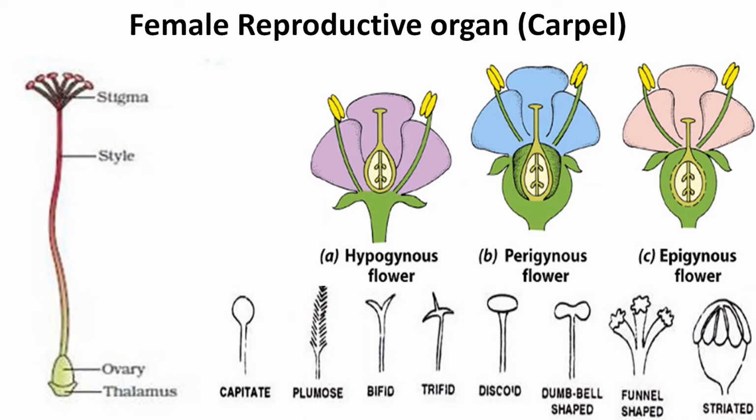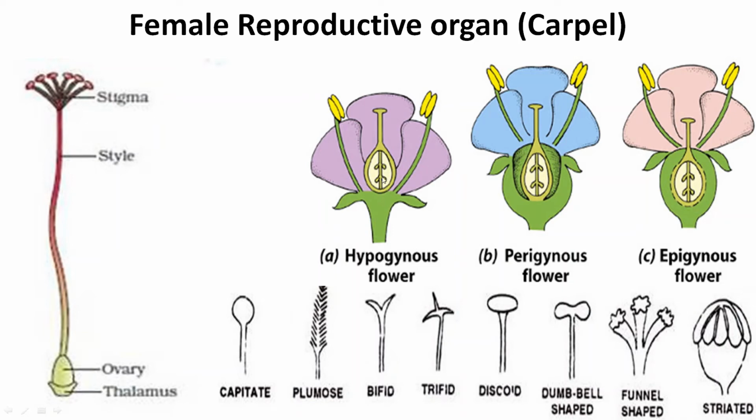What is perigynous flower? In perigynous flower, the ovary is in the middle. Means here the thalamus becomes flat or a cup shaped structure. You can see this is a cup shaped structure. Here the thalamus becomes flat to form a cup shaped concave structure where ovary remains in the center, not at the top.